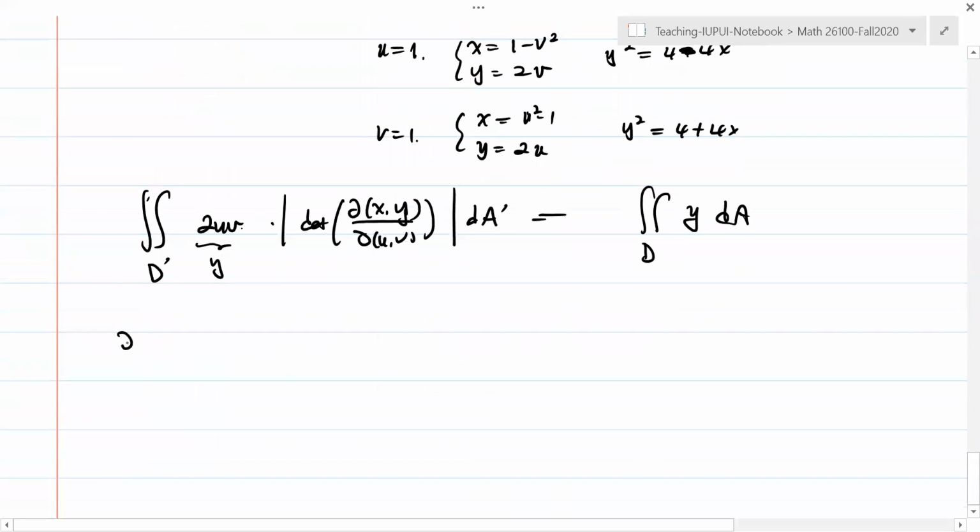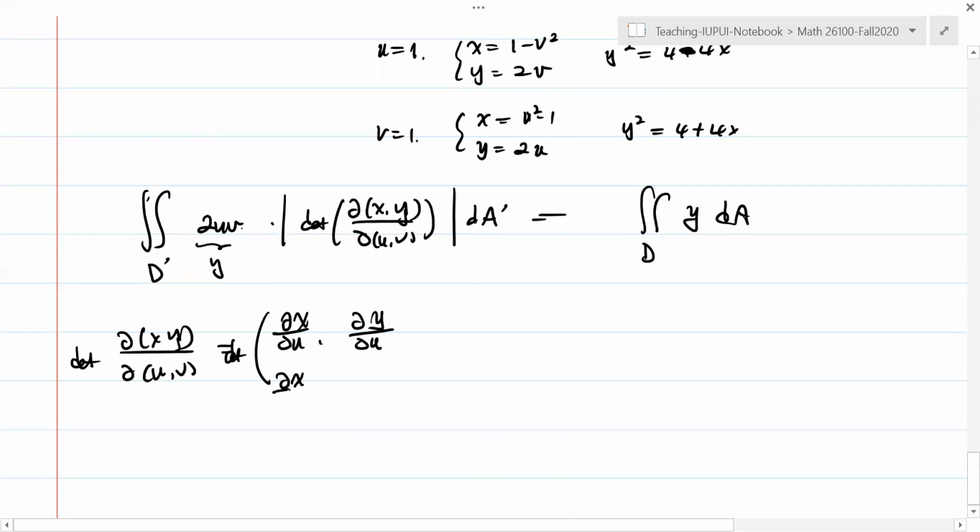So let's calculate what this is. This is going to be the determinant: the partial derivative of x with respect to u, partial derivative of y with respect to u, partial derivative of x with respect to v, partial derivative of y with respect to v.